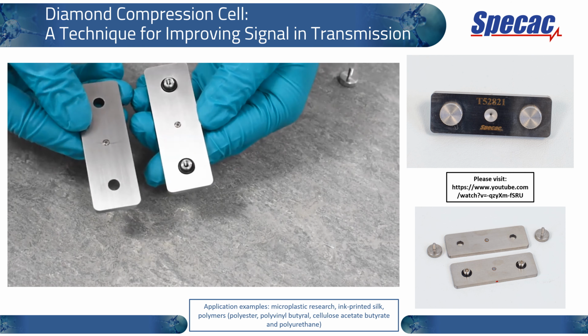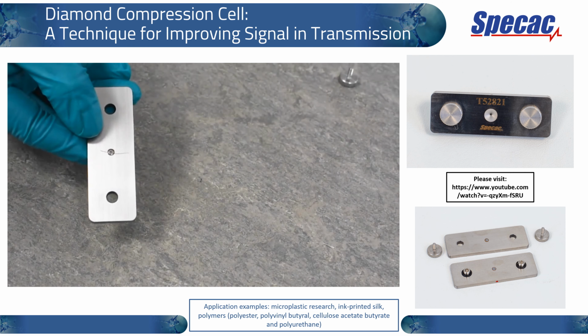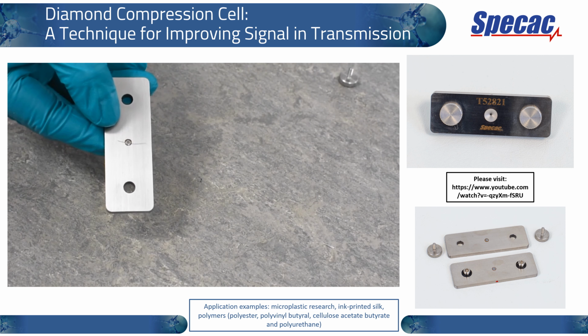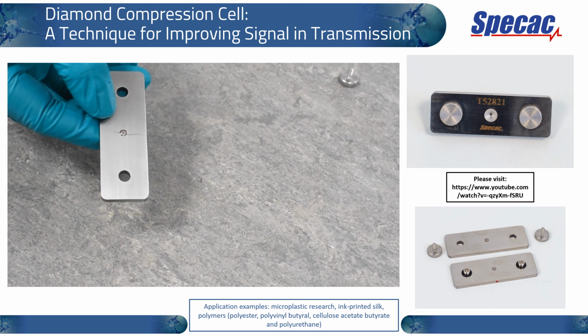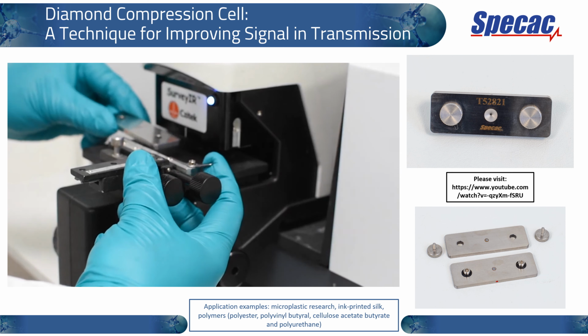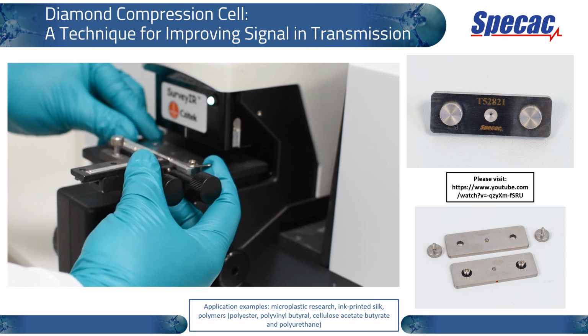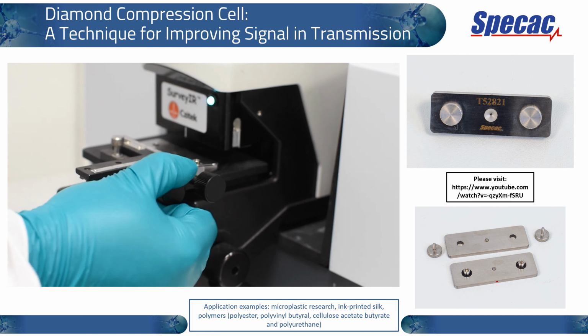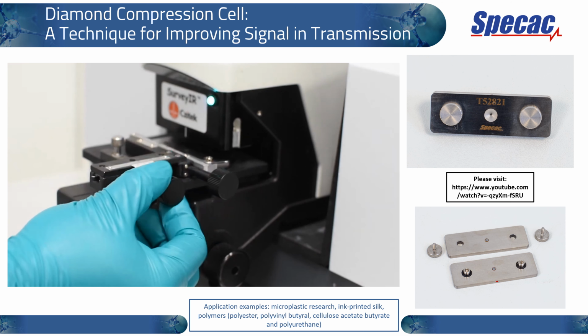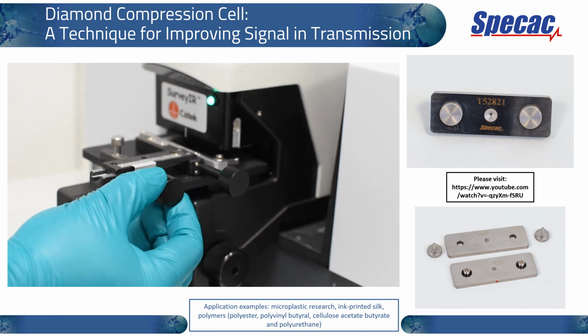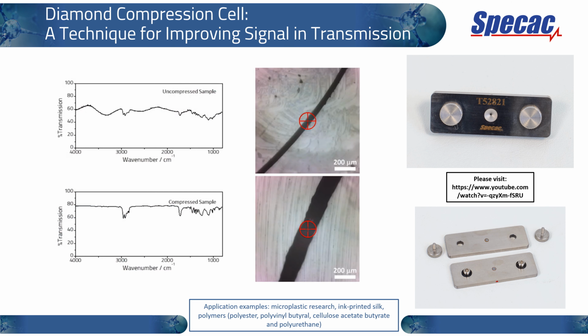Then analyse the two windows to see which one has the sample on. This is the slide that we will take to the microscope. When compressed, the sample spreads out, completely filling the microscope aperture. A good spectrum is then observed.